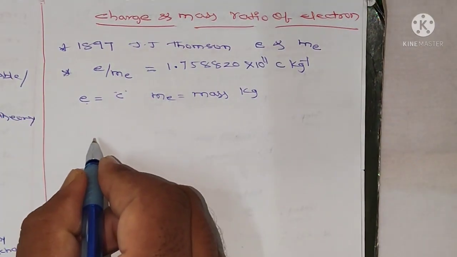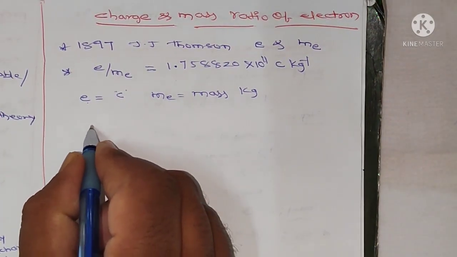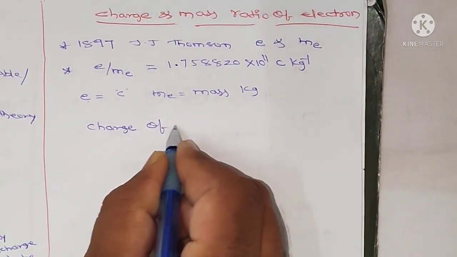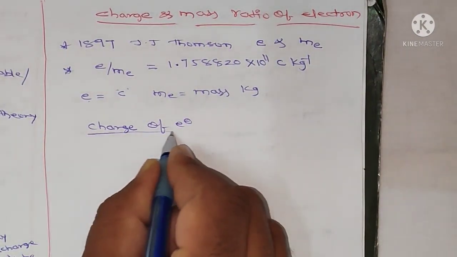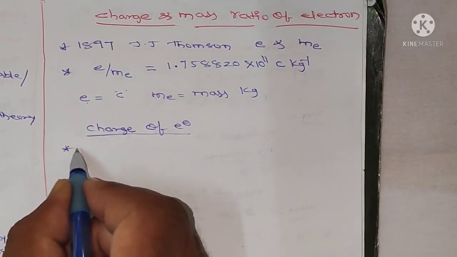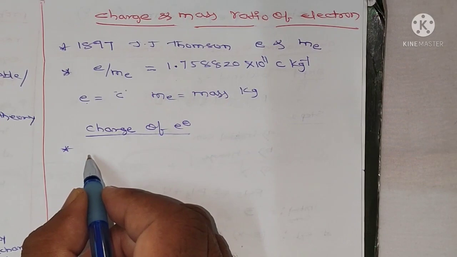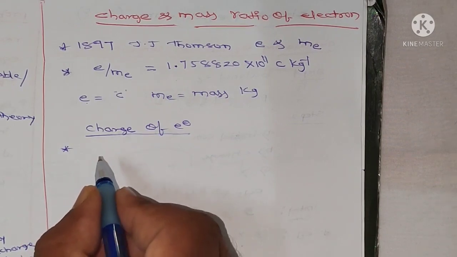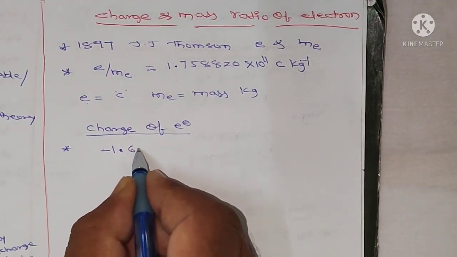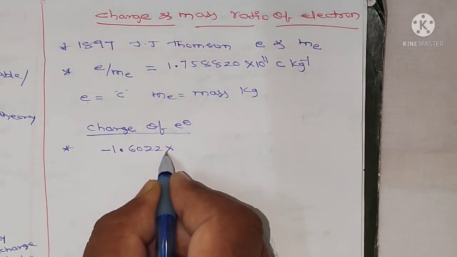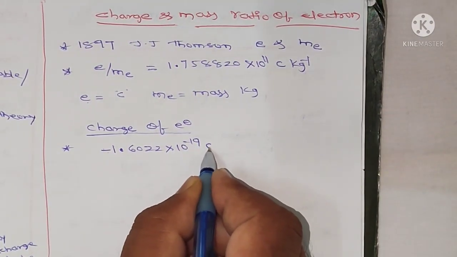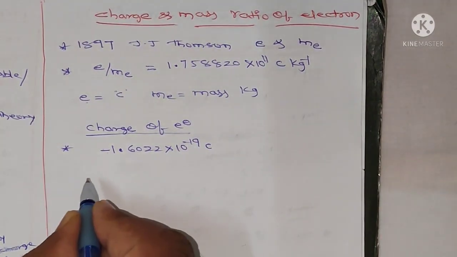And here, the charge of electron: by the oil drop experiment, Millikan determined the charge on electron as -1.6022 × 10^-19 coulombs.